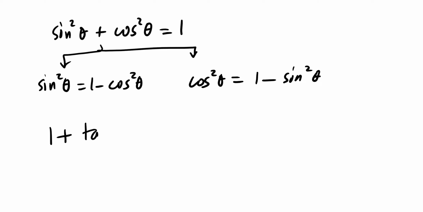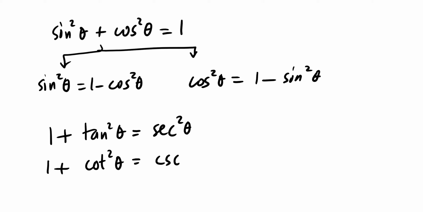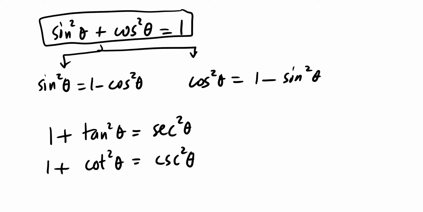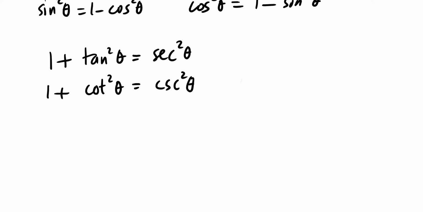One is 1 plus tangent squared theta equals secant squared theta, and the other one, 1 plus cotangent squared theta equals cosecant squared theta. Those can be derived by dividing this Pythagorean identity the first time by sine squared and the next time by cosine squared. It will give us these two other identities. These are all the basic identities that we need to know to prove more complicated identities.